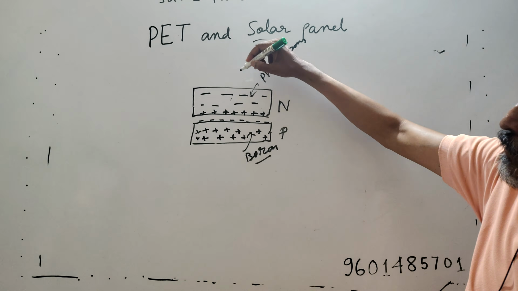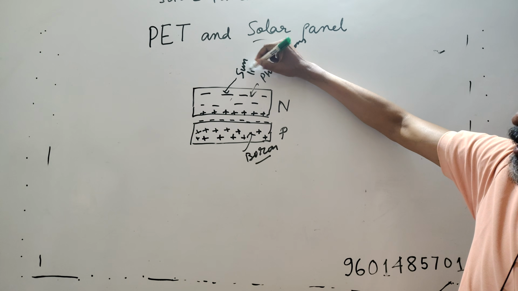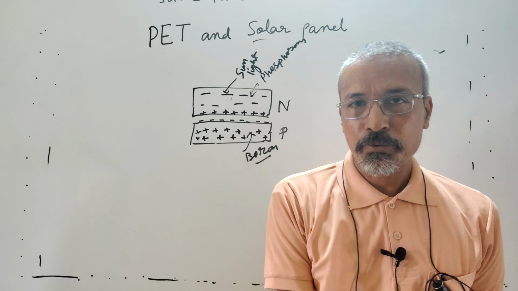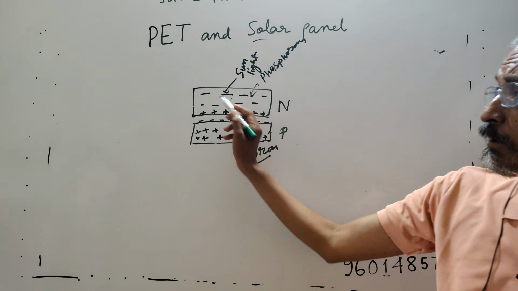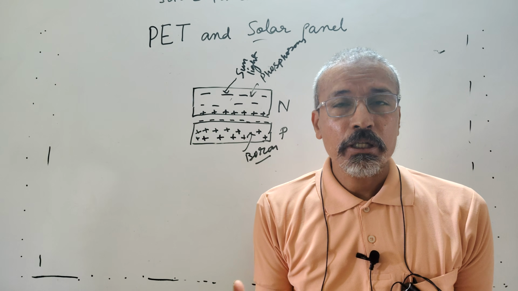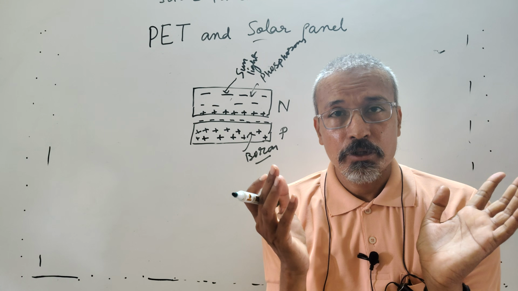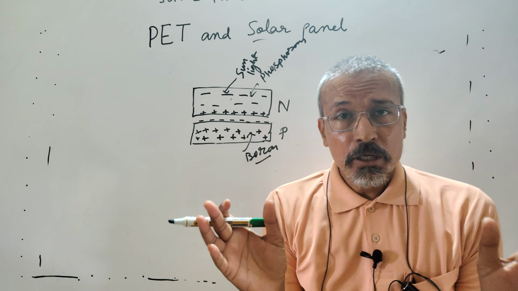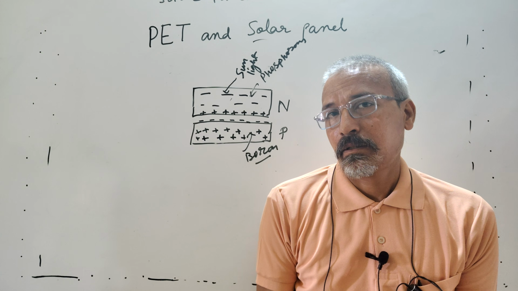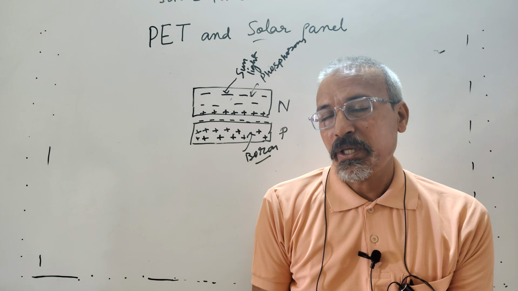So now if the sunlight falls on this n-type silicon, the electrons will gain the energy, and in doing so they will try to escape that place because they are energized, they want to run. But if they try to run from the n to p type directly, there is a barrier that is called the pn barrier.